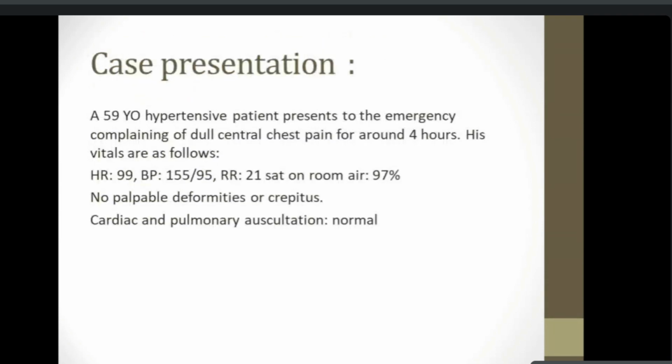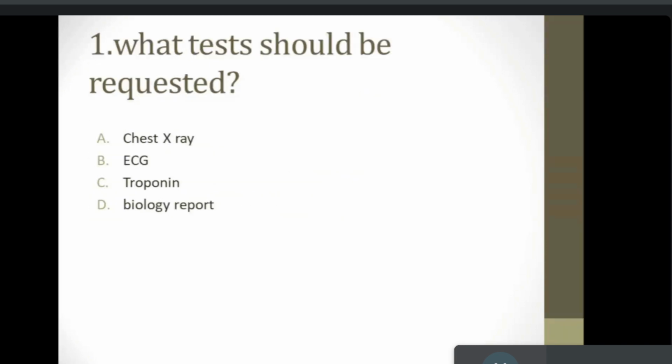We have here the case presentation: a 59-year-old hypertensive male presenting to the emergency department with central chest pain for around 4 hours. What test should be requested?